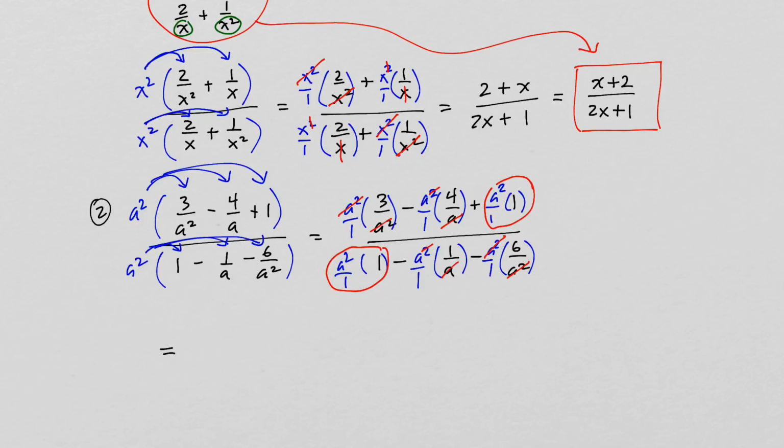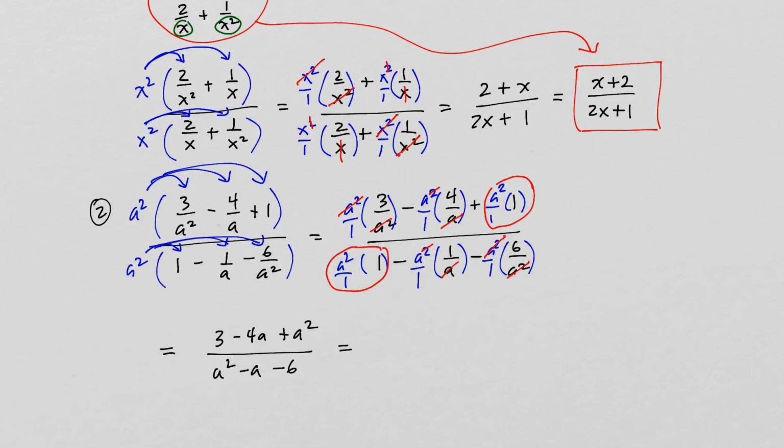So what we have left over in the numerator here is 3 minus 4 times a plus a squared. And in the denominator, we have a squared minus a minus 6. And now all we have to do is simplify that answer.